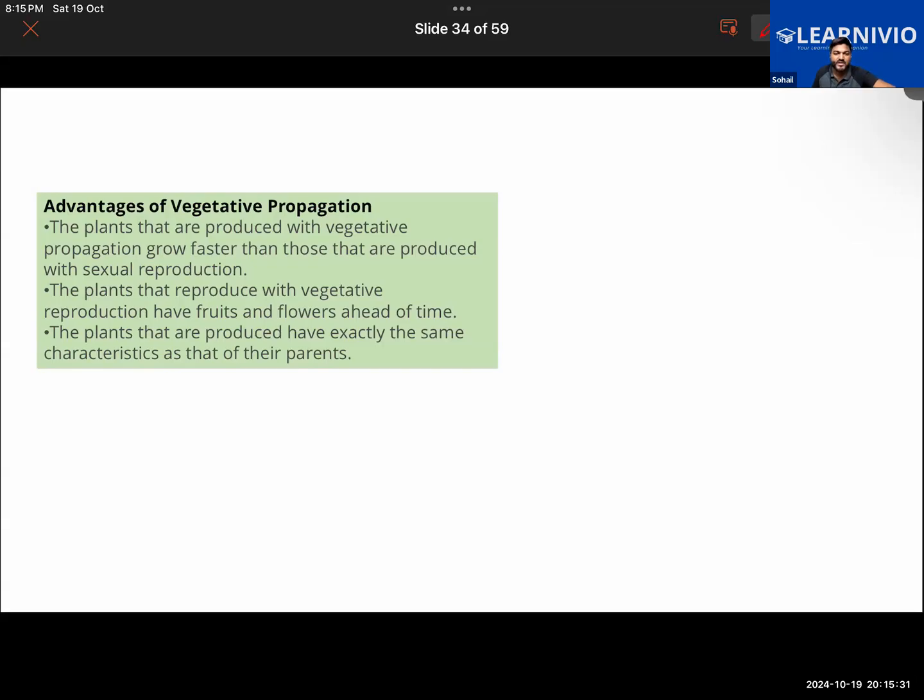So if the parent plant produces a very rich quality fruit or vegetable, the new plant will also do it. So these are some of the importance of vegetative propagation. We can maintain the quality of the plant. If anyone has any questions, please let me know.